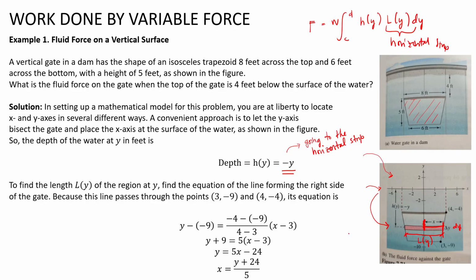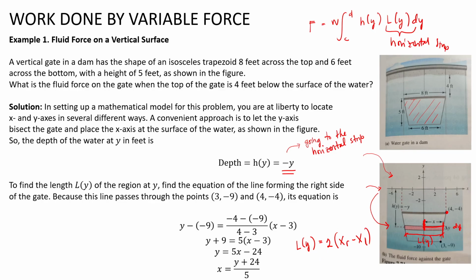Meaning the length of your horizontal strip will be twice this distance, which is x right minus x left. Take note that x left is 0 because that is the y-axis. So how can you determine your x right? That's another problem in analytic geometry.